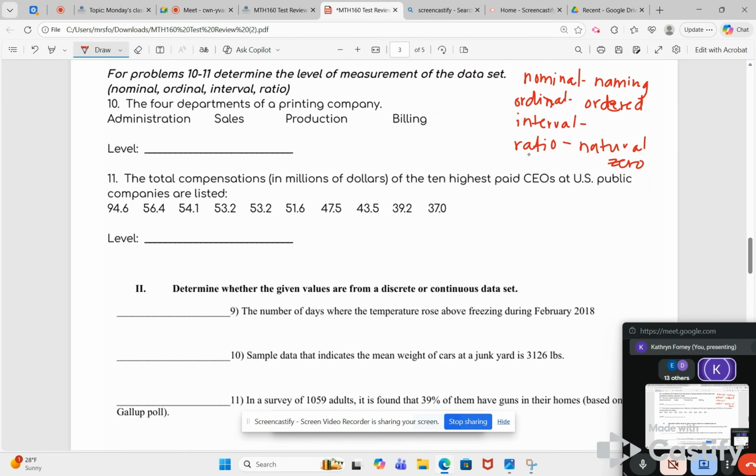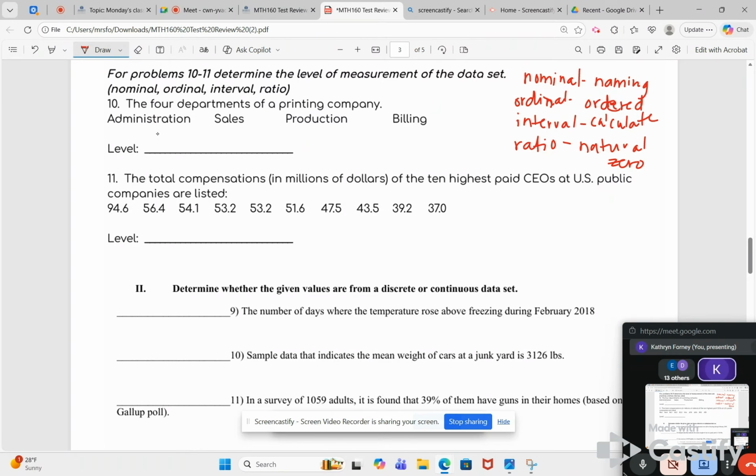The money in your bank account could be ratio. Interval, the best one that I can think of is temperature, because when it's 0 degrees, that doesn't mean there is no temperature. So interval, you can calculate difference, but there's no natural zero.